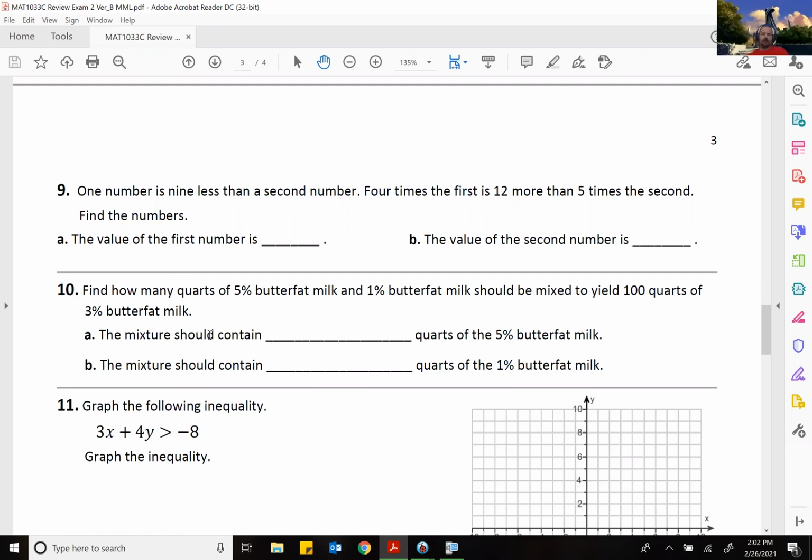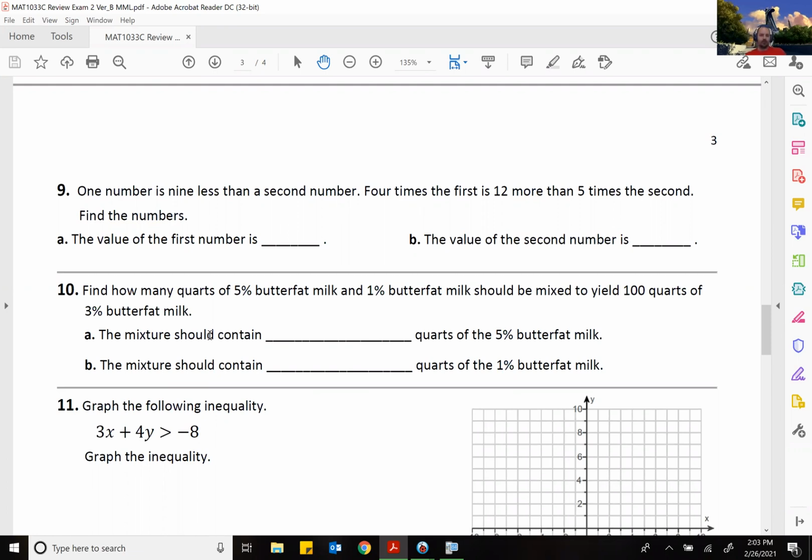Is this translation or standard form? Here's a hint: do you see any mathematical operation words like times, plus, minus, less than, more than, quotient, product?